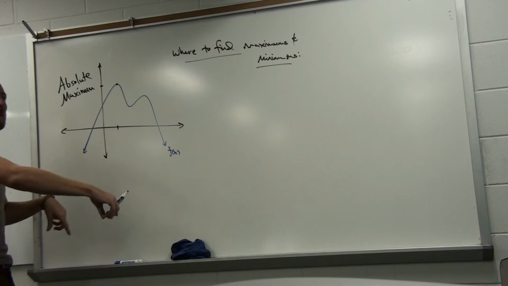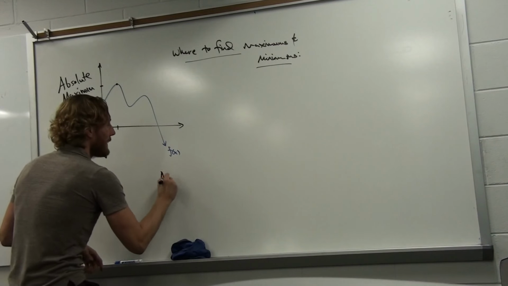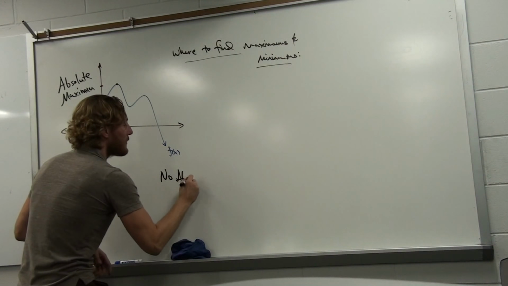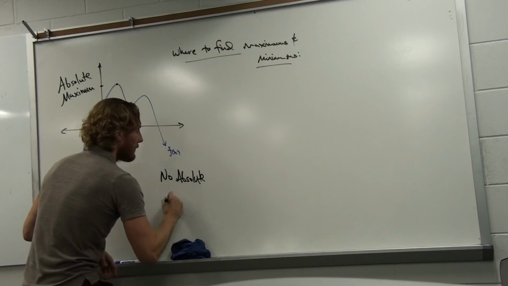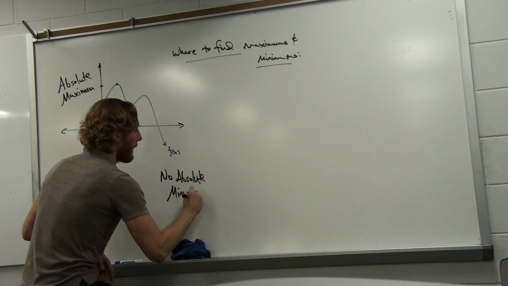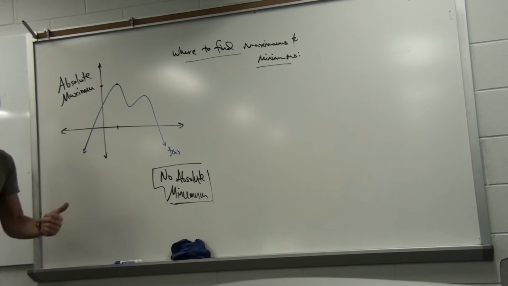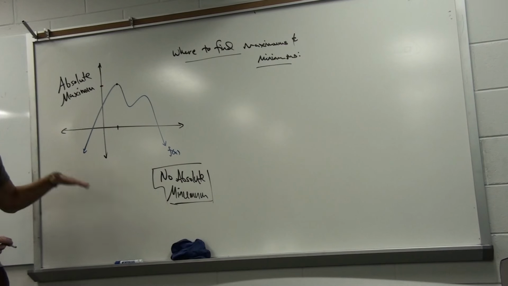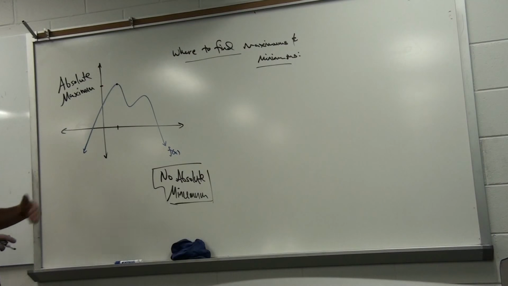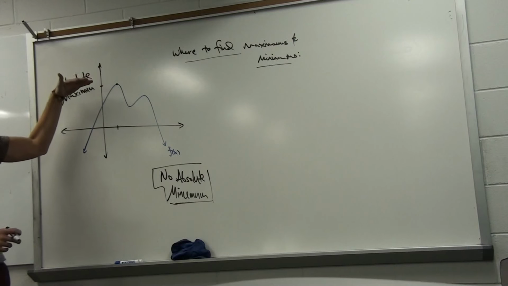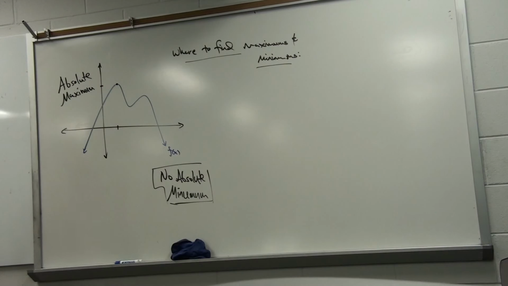Because the function descends to infinity, we can say here, this function has no absolute minimum. When you look at the function as a whole, there's no value along the y-axis that is the absolute minimum for this function. There is an absolute maximum, but not an absolute minimum.